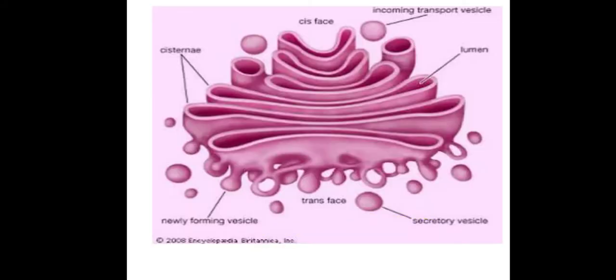Next, the next cell organelle is Golgi apparatus or Golgi complex. Why is it termed Golgi? Because it was discovered by one of the scientists named Camillo Golgi. So here we have again the components of Golgi, that is, in the Golgi complex some of the structures are sac-like, as you are seeing.